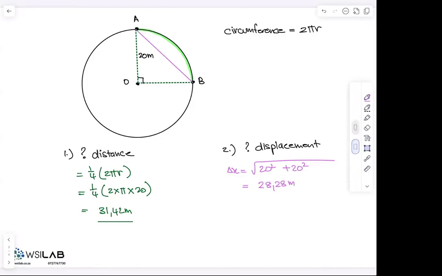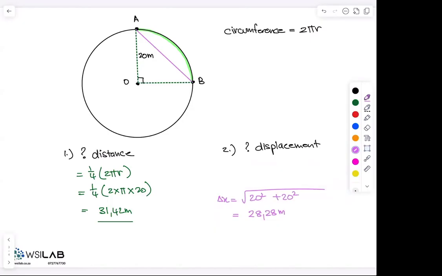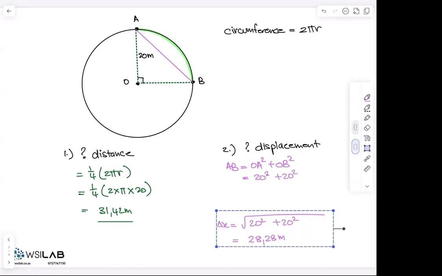So I rounded to the first decimal. No, you can't round off at the beginning. You have to round off at the end. So you had AB squared is OA squared plus OB squared, and then 20 squared plus 20 squared, and that's 800.